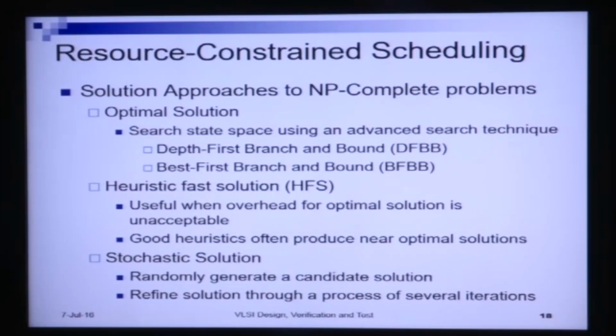The other approach is the stochastic solution approach. In this approach we start with an initial solution. A very crude heuristic fast solution could provide us this first randomly generated candidate solution, and from this solution we refine it through several iterations, moving through different areas of the state space and obtaining a solution.